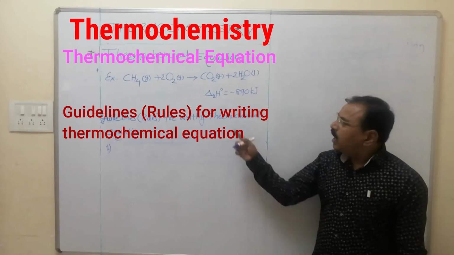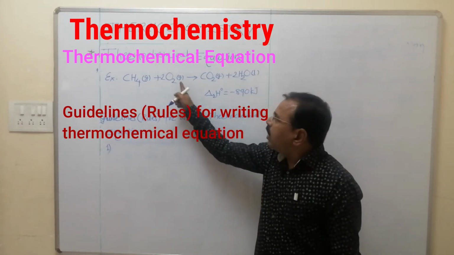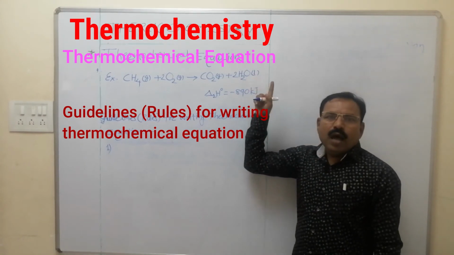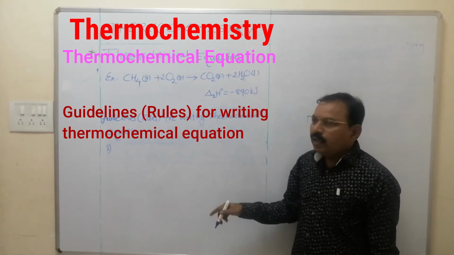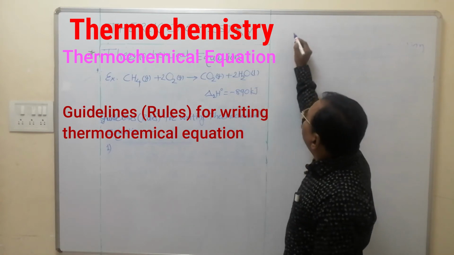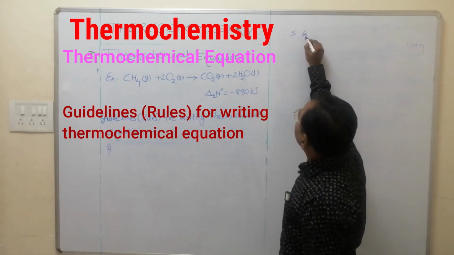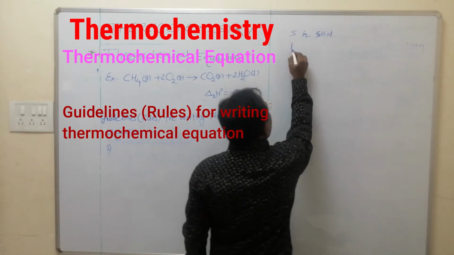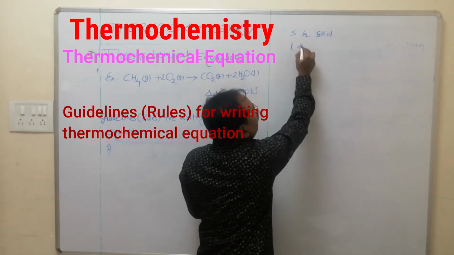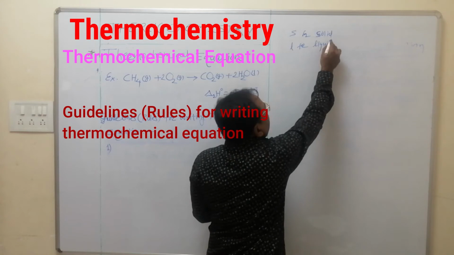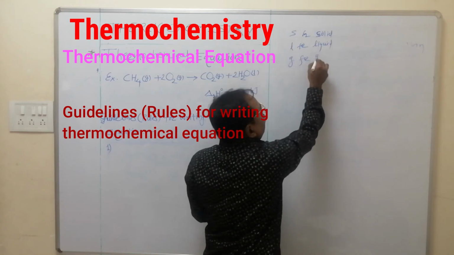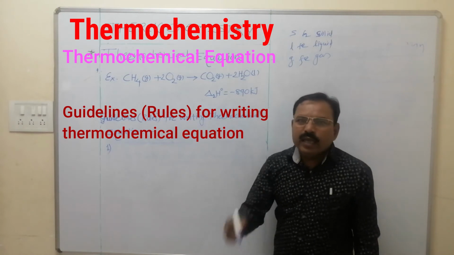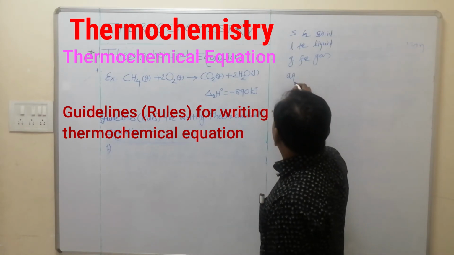Third rule, the physical states of reactants and products are mentioned by small s for solid, small l for liquid, small g for gas, and aq for aqueous.